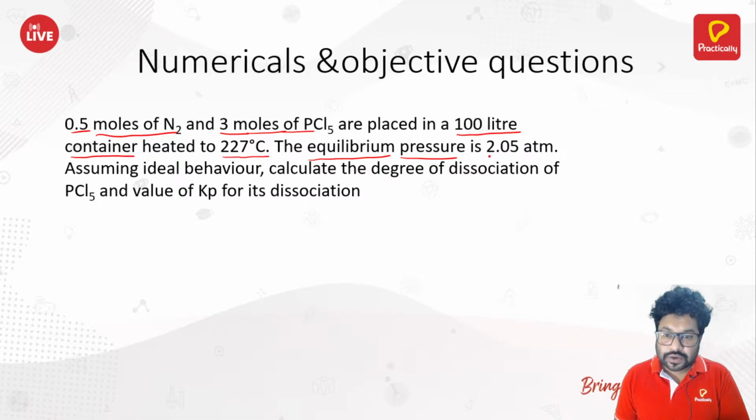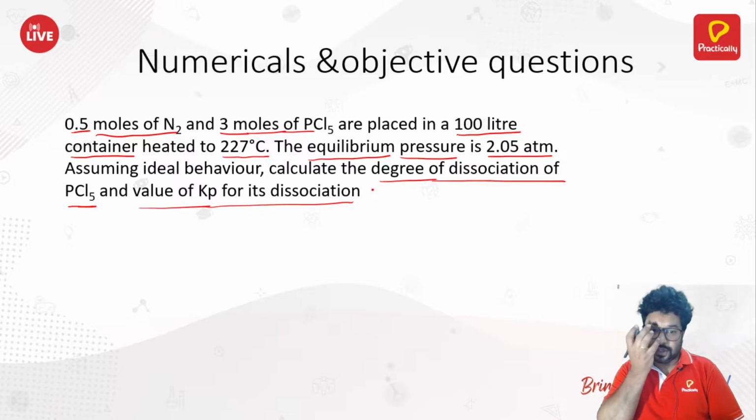The equilibrium pressure is 2.05 atm. Now, assuming ideal behavior, calculate the degree of dissociation of PCl5 and the value of Kp for its dissociation.